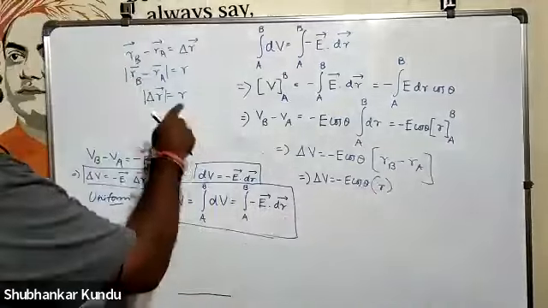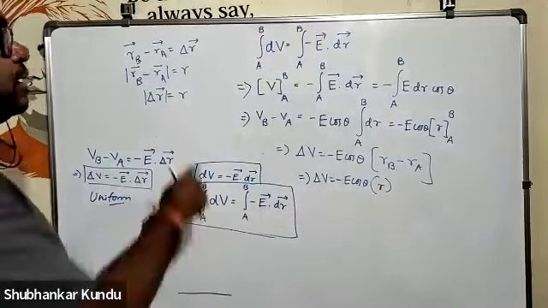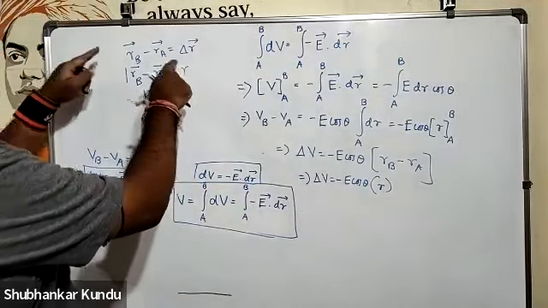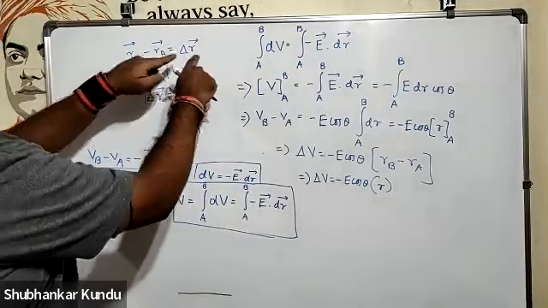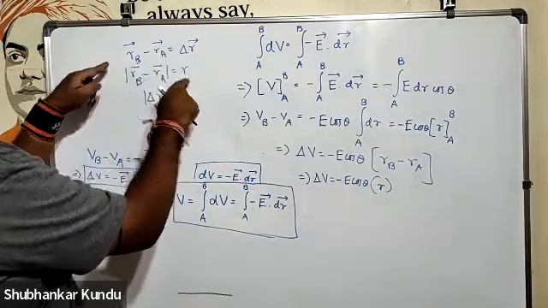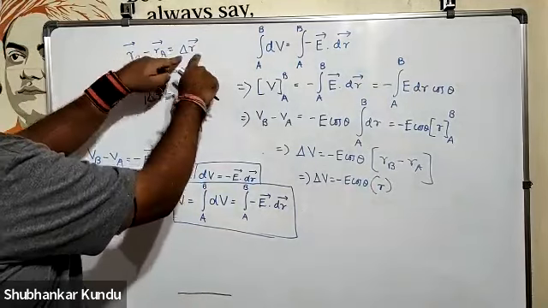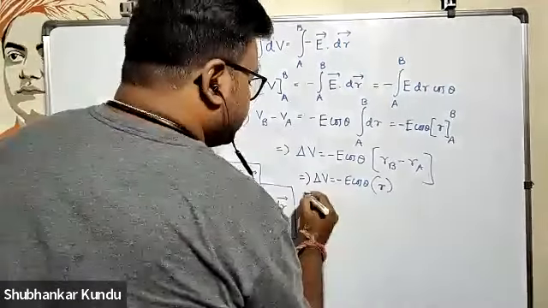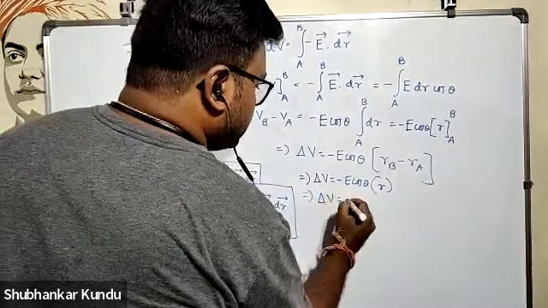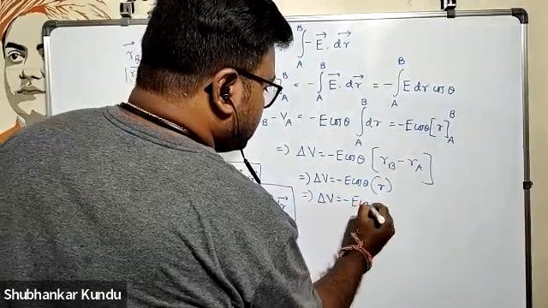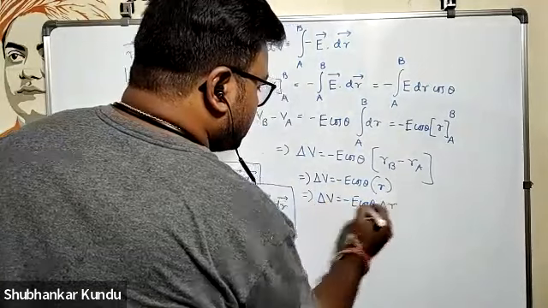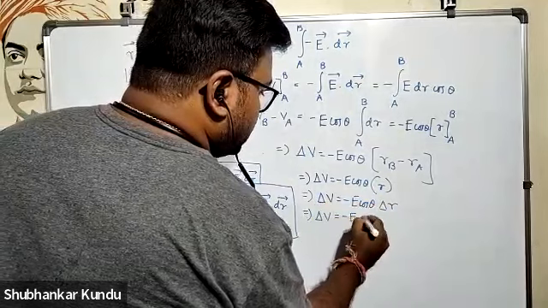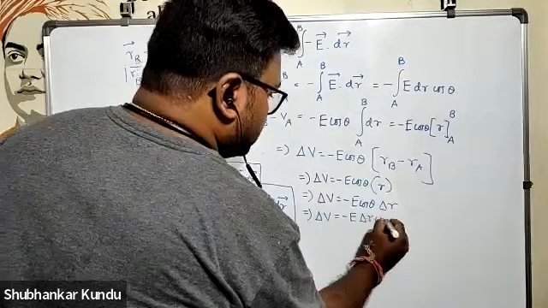The magnitude of R and delta R are the same thing, right? I took the magnitude of this one as R, so this is equal to this magnitude also. I can write delta R in place of R, in this form: minus E delta R cos theta.